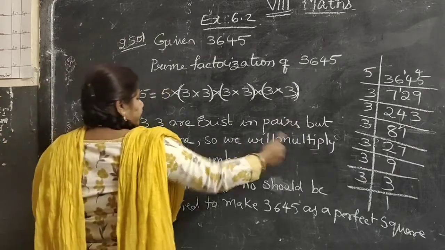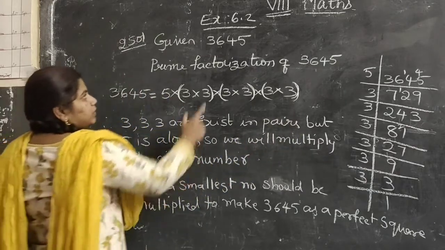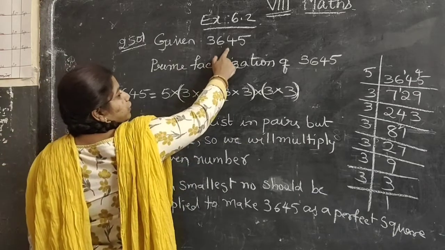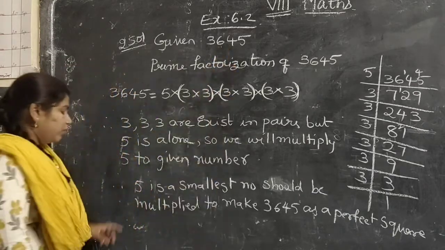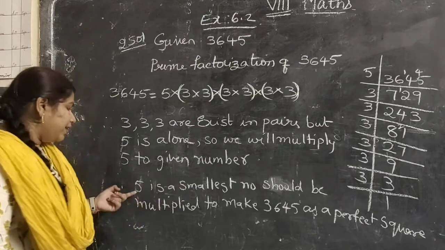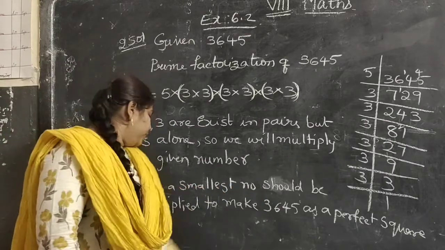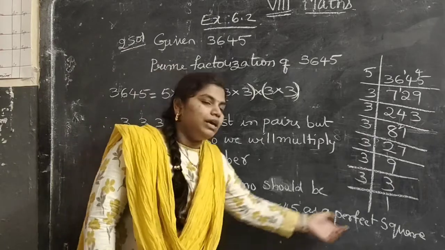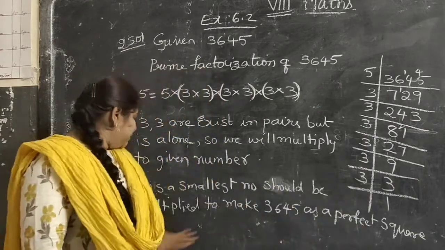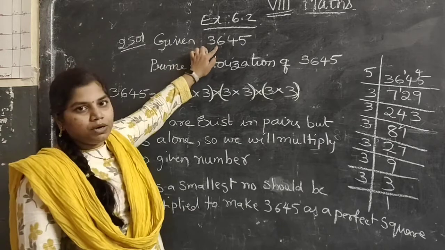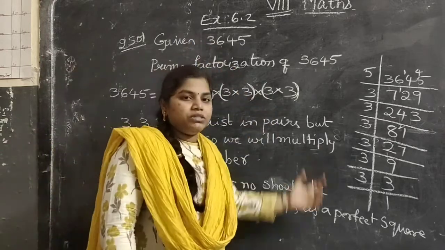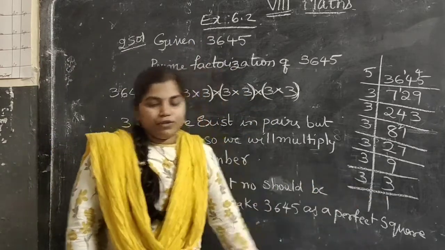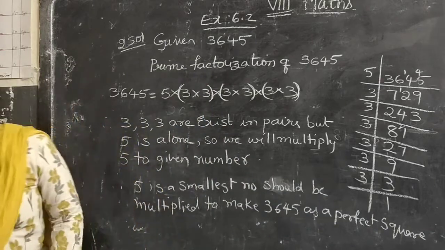So we will multiply 5 to the given number. So what is the smallest number we have to multiply? Multiply it to the given number, then the result you will get will be a perfect square. So next one.